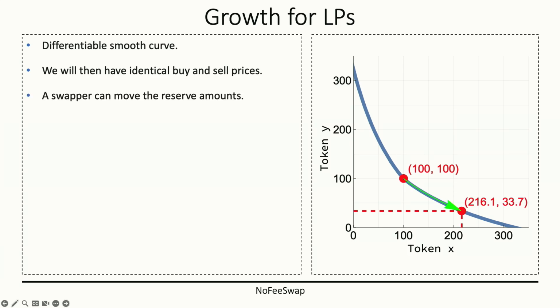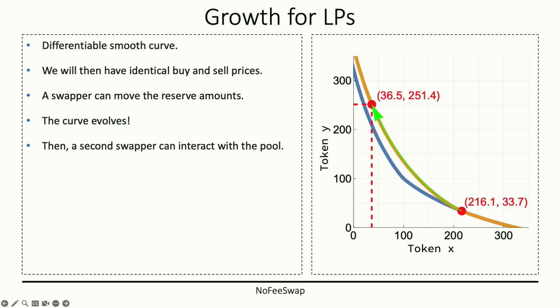which means that the buy and sell prices are identical. A swapper can move the reserve amounts by giving some token X and taking some token Y. Then another smooth and differentiable curve is built on top of the previous one. Here, the blue curve and the yellow curve are tangent, and the new one is within the old one.